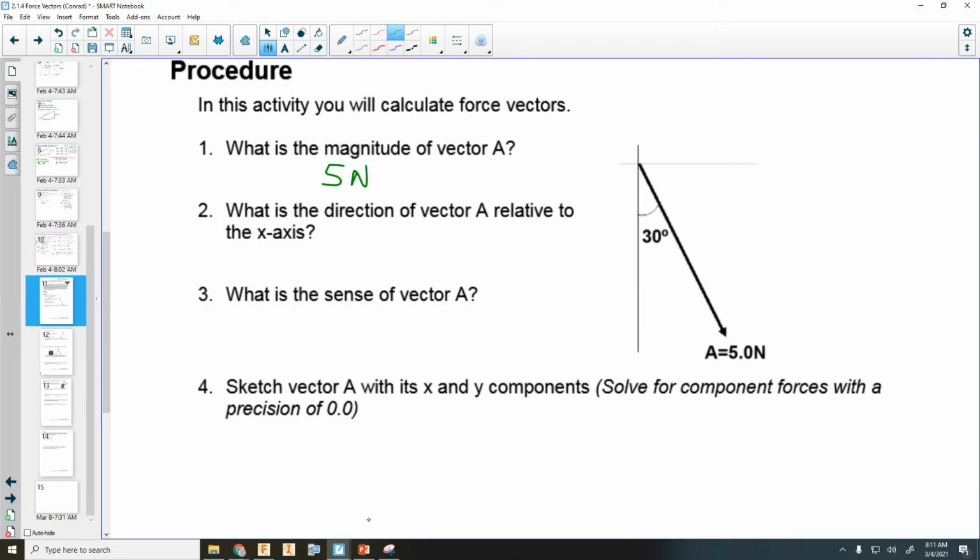What's given to us? What is the direction of the vector relative to the x-axis? Well, that's the sense. Sense is down and right. But what's the direction of the vector relative to the x-axis?